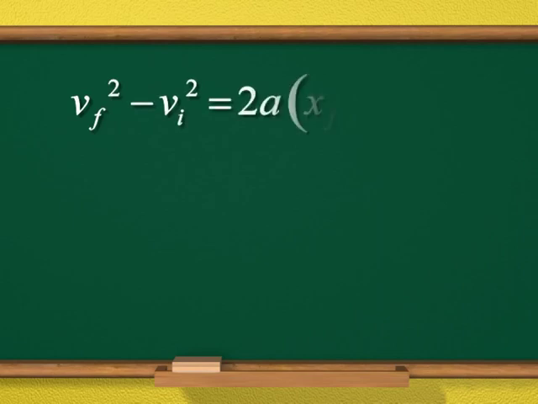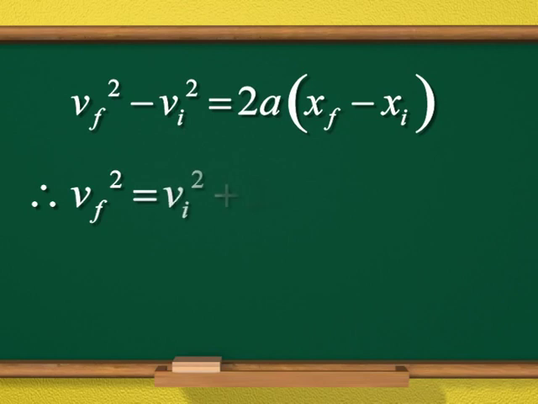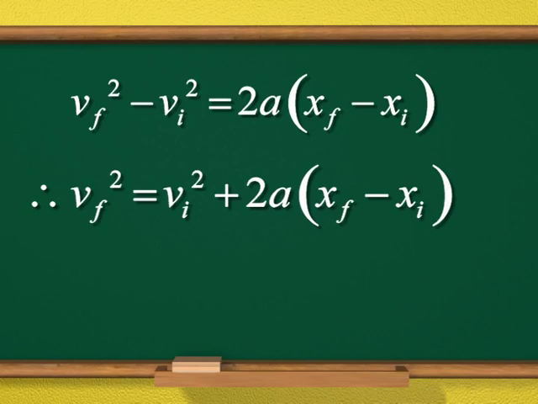This gives Vf square minus Vi square equal to twice of a into xf minus xi. It further gives Vf square equal to Vi square plus twice of a into xf minus xi.